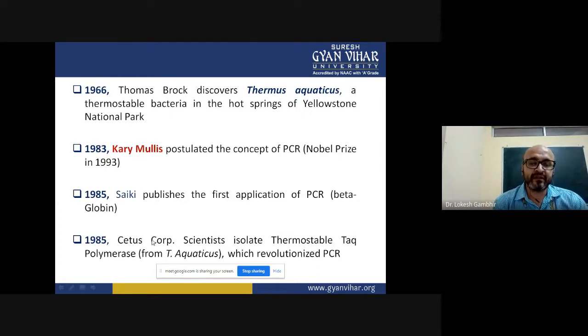So what was the timeline? Let's discuss how this particular PCR came into existence. In 1966, Thomas Brock first of all identified an organism called Thermus aquaticus, a bacterium available in hot springs. Being available in hot springs means it is present in very high temperatures, so it is thermostable.